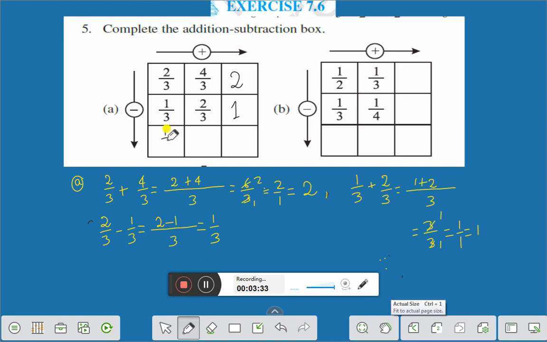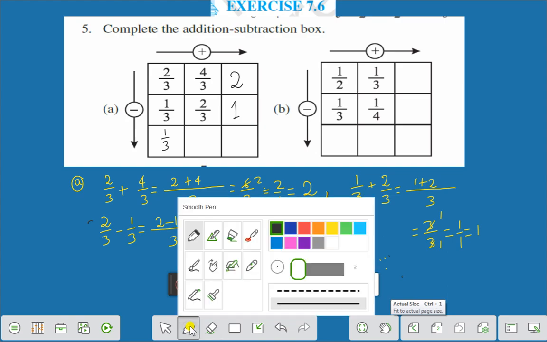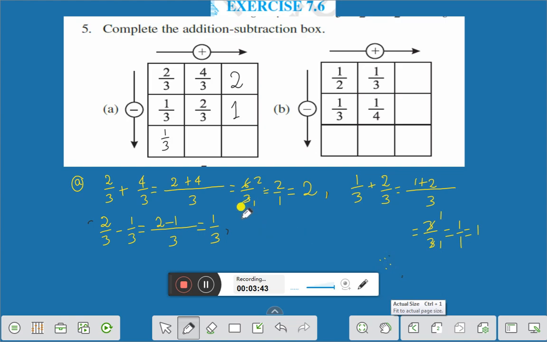Let us find the value of 4 by 3 minus 2 by 3. That is 4 by 3 minus 2 by 3. What are you getting?